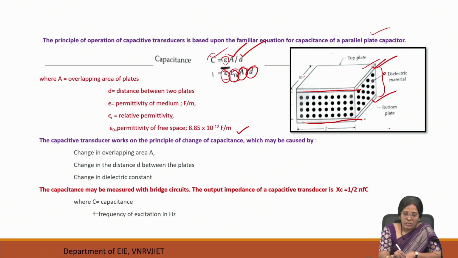Now this capacitance is going to vary with respect to these parameters: the overlapping area of the plates, the distance between the plates, and the dielectric constant. The capacitance can be measured with bridge circuits.